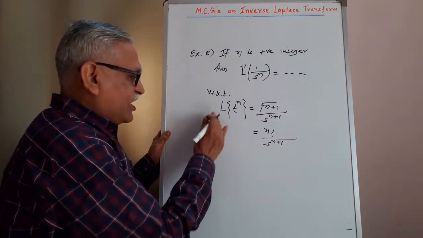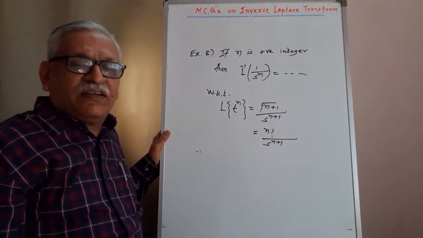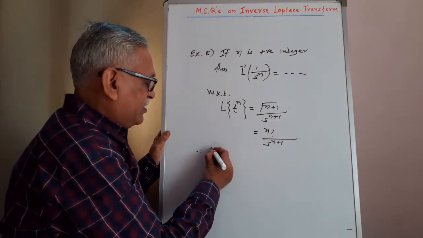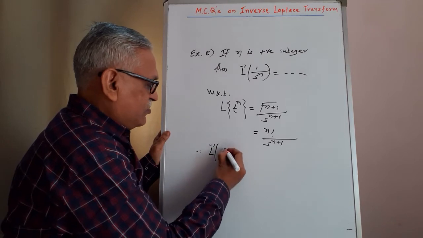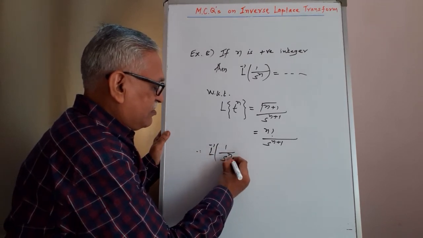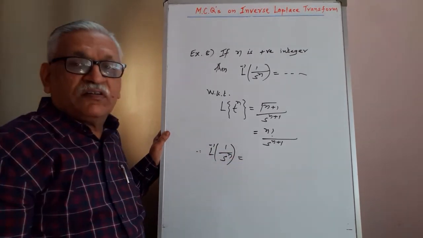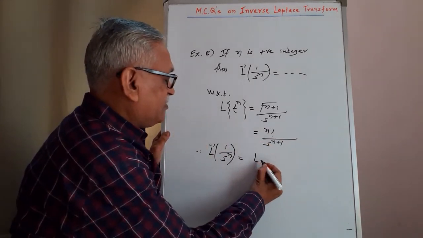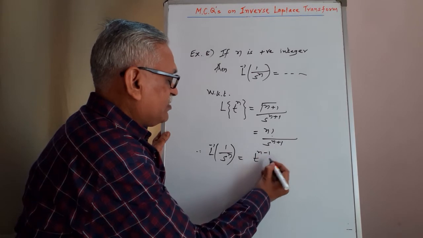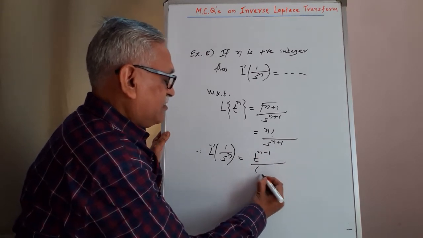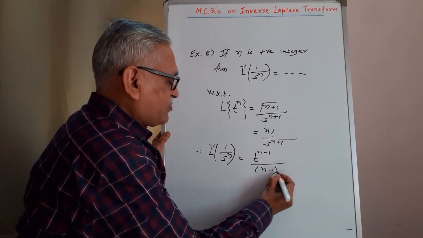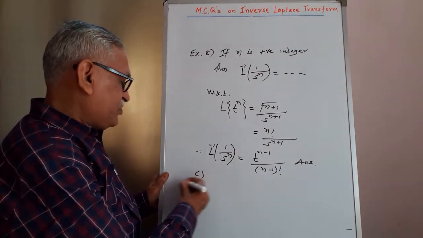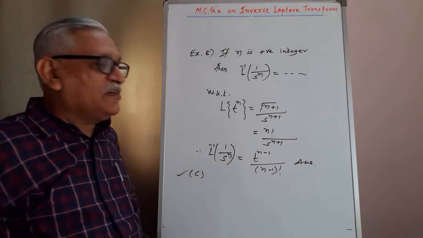Therefore transferring this to the other side and subtracting 1 from n everywhere, we get inverse Laplace of 1 by s to the n is equal to t raised to n minus 1 divided by n minus 1 factorial. It is option C as the correct answer.